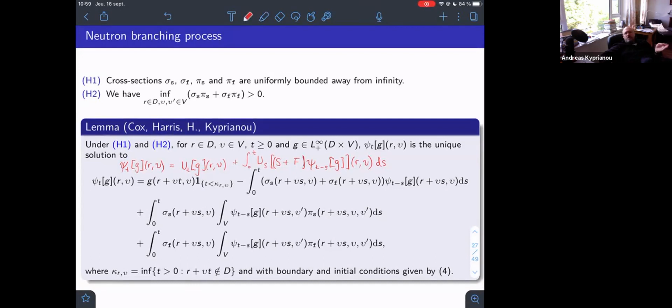So the psi-t is the mean semi-group, and UT is essentially a movement operator, which for branching Brownian motion would be the semi-group of Brownian motion. So UT would be where a Brownian motion particle gets when starting at, we would replace RV by its starting position X. So where does it get to by time t?